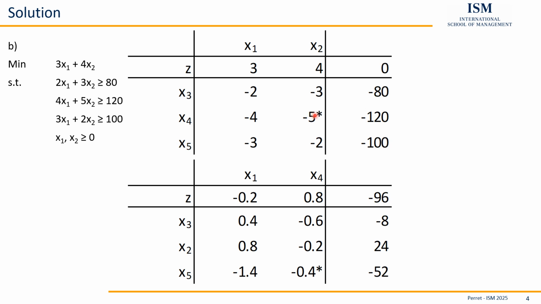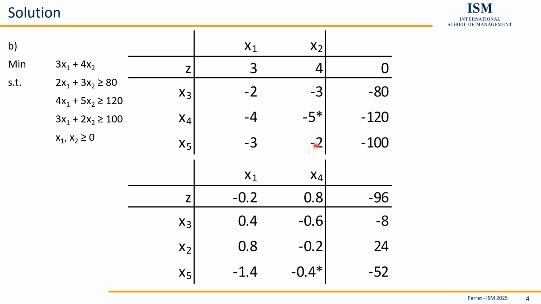So how do we get to this table? Well, first we exchange variables in pivot row and column. For the pivot element, we go with 1 divided by pivot element. For everything else in the pivot row, we're going to divide it by the pivot element, so by -5, giving us these values.